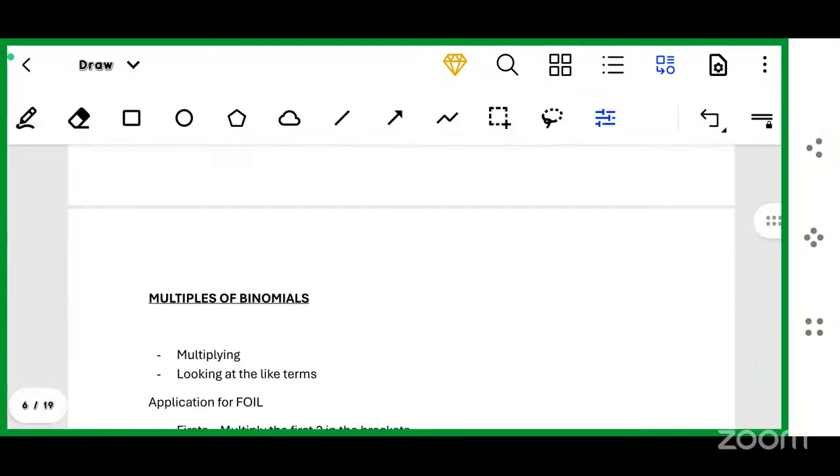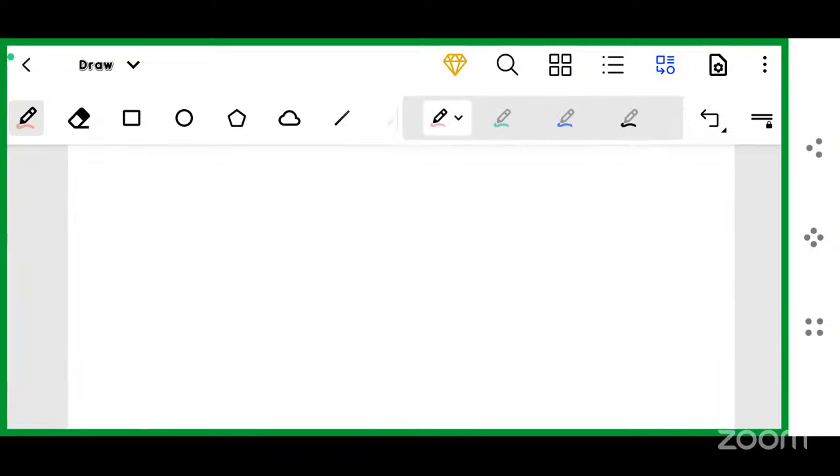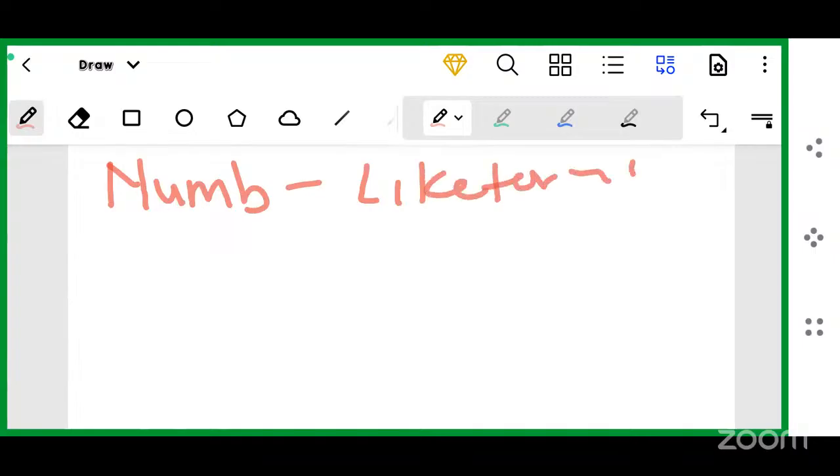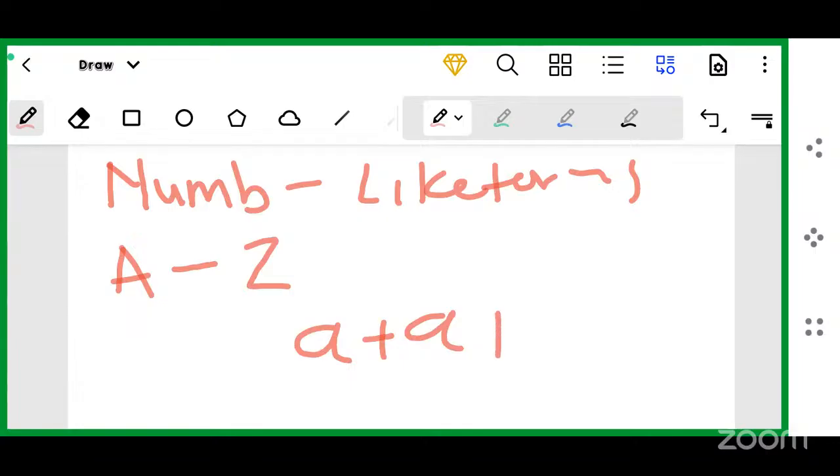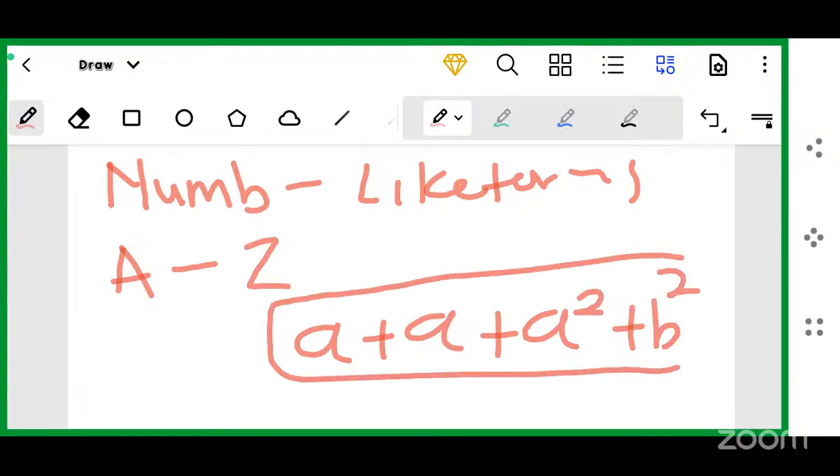So let me just use this space. The numbers are like terms, right? Alphabet, let's say A to Z. If there is an A plus an A plus an A to the power of 2 plus B to the power of 2, the only like terms available are things that are looking similar.